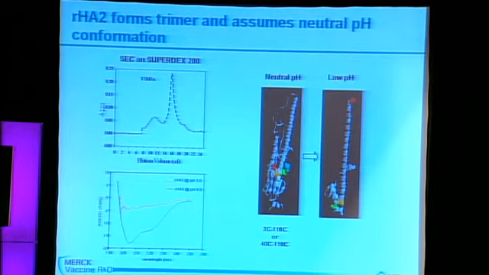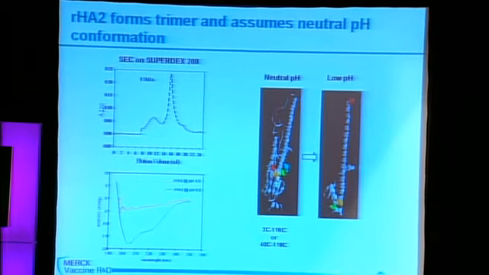Normally, with the full-length HA, if you switch to low pH, you will increase helicity. In this case, we do not see the increased helicity. On the other hand, it actually reduces helicity, which again is consistent with the notion that this molecule is in the neutral pH status.